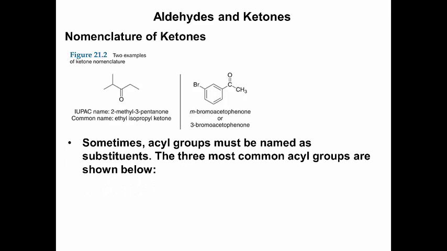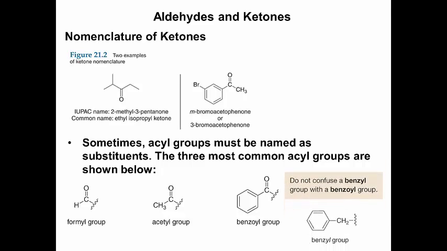Sometimes acyl groups must be named as substituents. The three most common acyl groups are shown below: formyl group, acetyl group, and benzoyl group. Do not confuse a benzyl group with a benzoyl group.